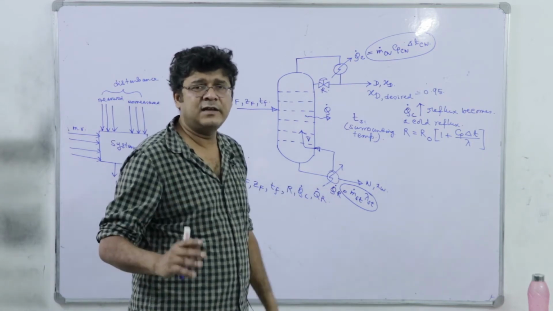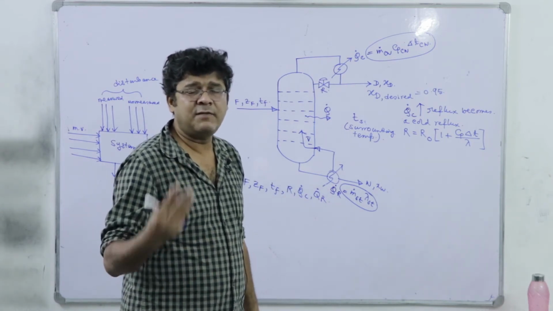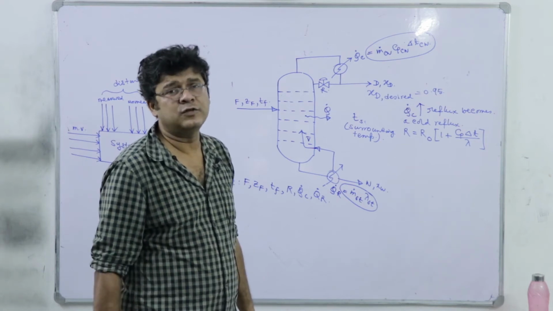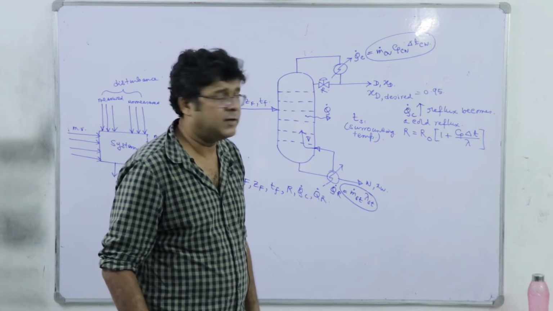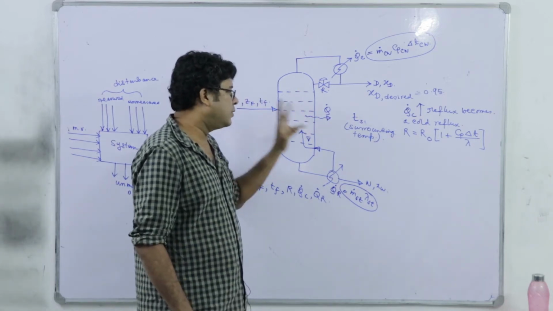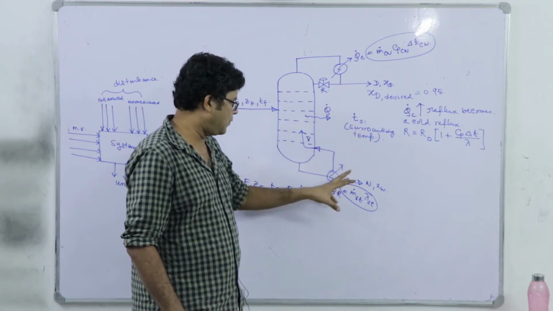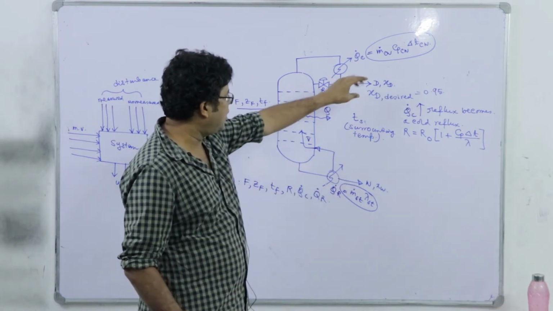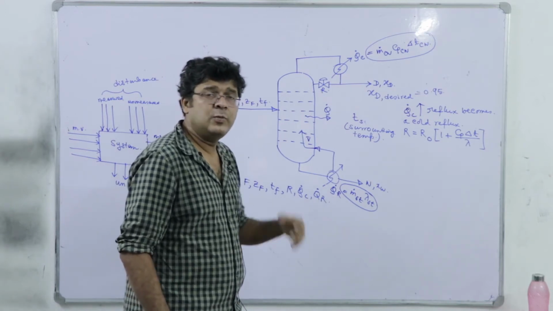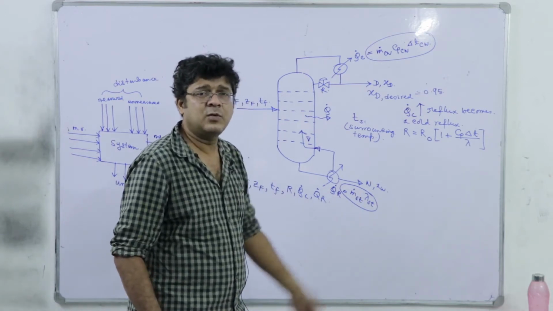So, under this condition, what will be exactly the value of xd, that we are unable to answer because we do not know how to solve a simulation problem at the undergrad level. The fact is that, instead of our inability to answer this value of xd in simulation, we can tell something qualitatively.